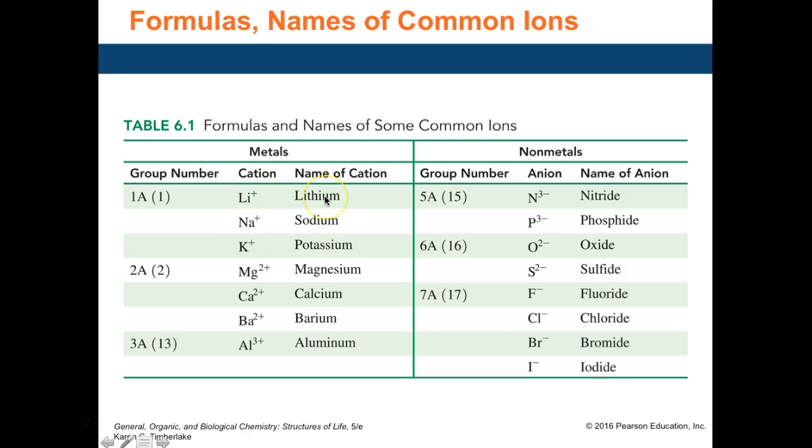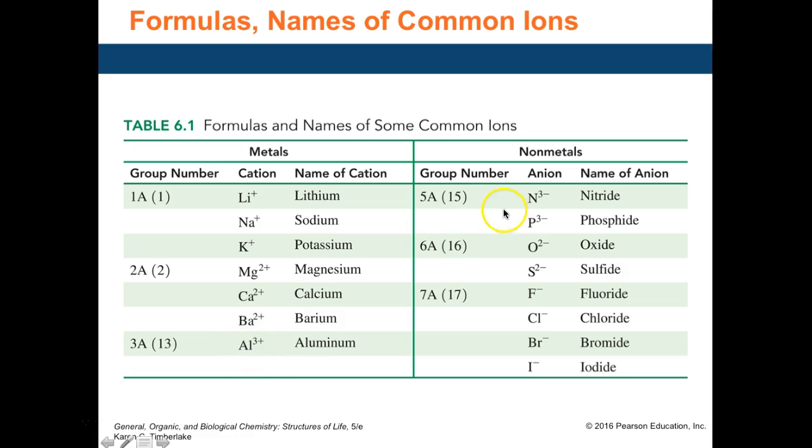The name of the cation or the metal ion is the same as that of the element. Group 2 will lose 2 electrons, so again the charge will be the numeric value of the group number. So it's Mg2+, Ca2+, Ba2+, and then group 3, which is aluminum, forms a 3+.